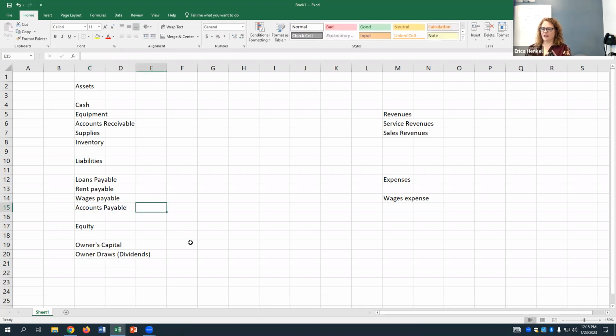These would be things like rent, utilities, inventory invoices that we haven't yet paid. So like we bought inventory from somebody, but we haven't paid them for it yet. Things like that. So stuff that you typically pay for within 30 days and might be incurring regularly throughout the course of your business, right?